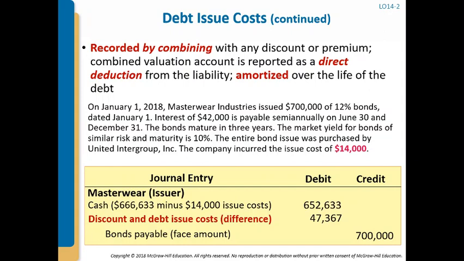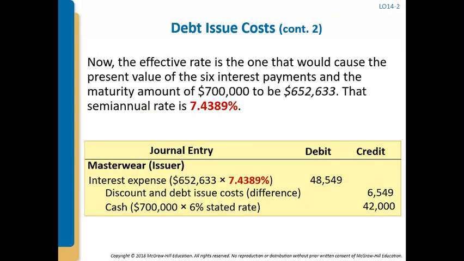It would simply increase the amount of the discount, and you would identify it as discount and debt issue costs, and you would simply amortize that over the life of the bond. Essentially it would increase your amortization amount every period, and of course it would increase the semi-annual effective interest rate.